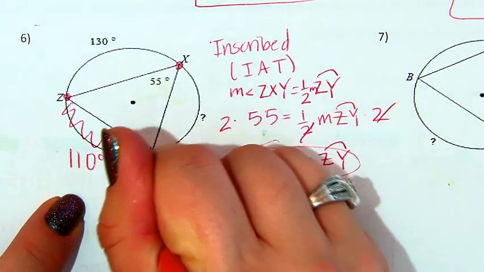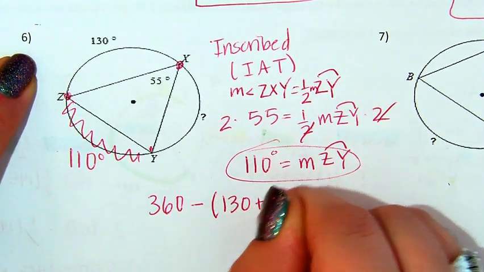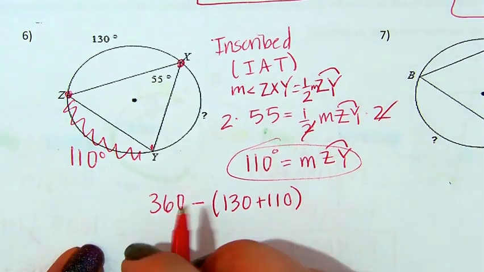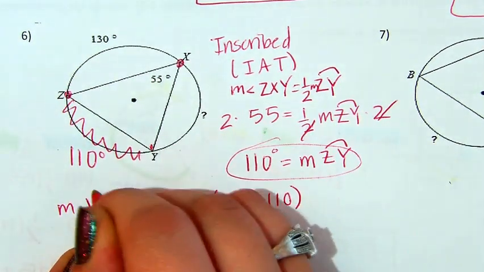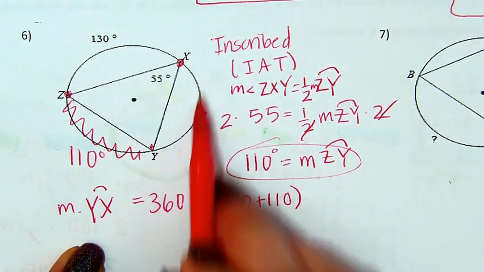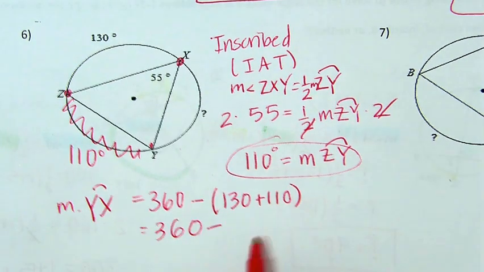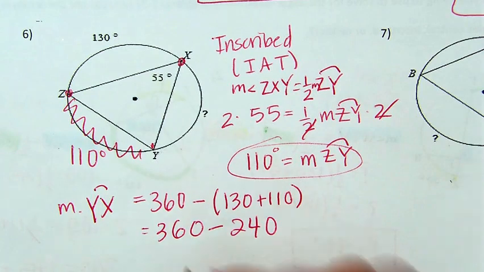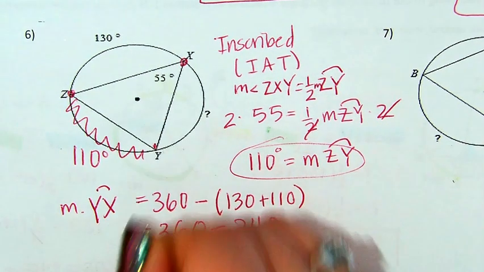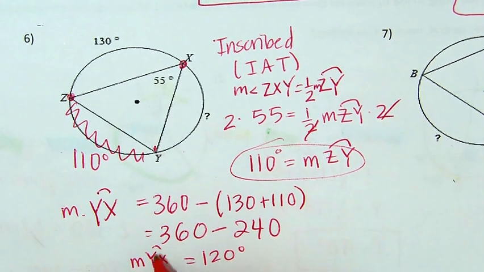If we take 360 and subtract these two, 130 plus 110, that's going to give us the measure of the arc from Y to X, that arc. So we end up with 360, take away 240, and this gives us 120 degrees. Now YX is 120.